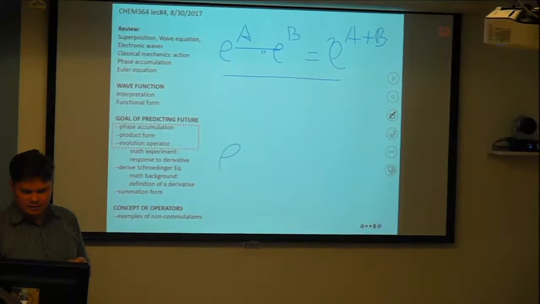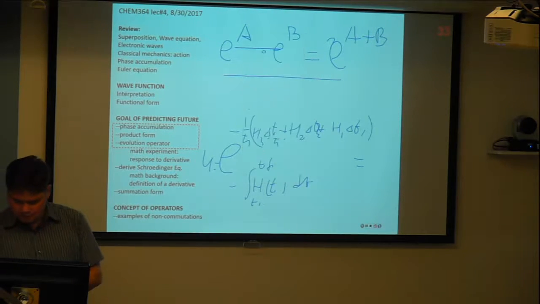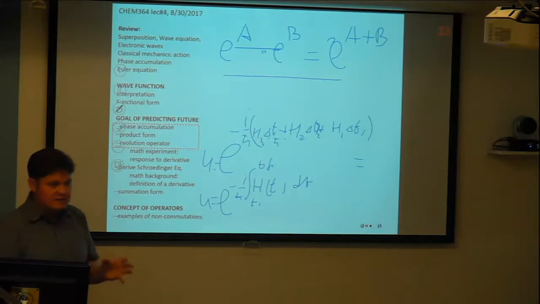So it will be E to the power of minus i over h bar times h1 delta t1 plus h2 delta t2, and so forth, hn delta tn. And then if we know how the Hamiltonian depends on time, we can formulate it as integral from initial time to final time. And this is our evolution operator.